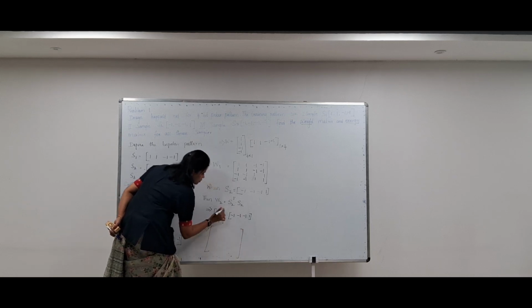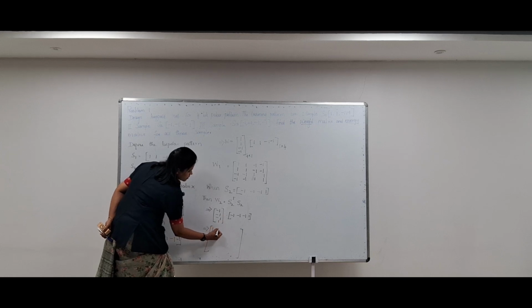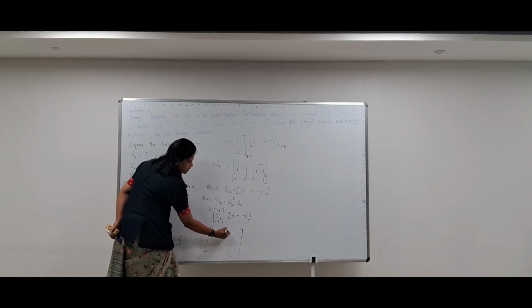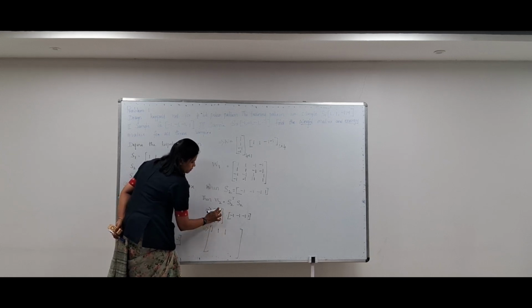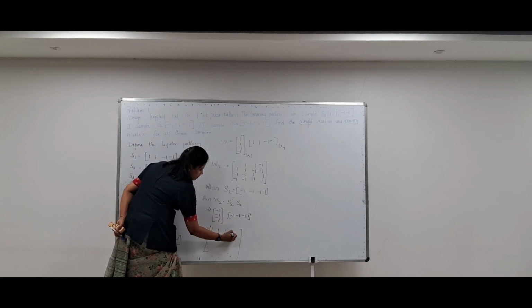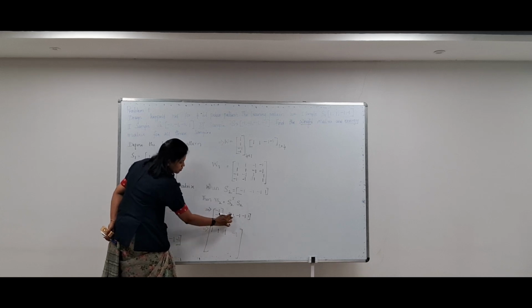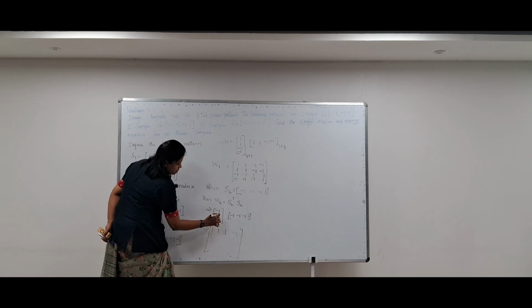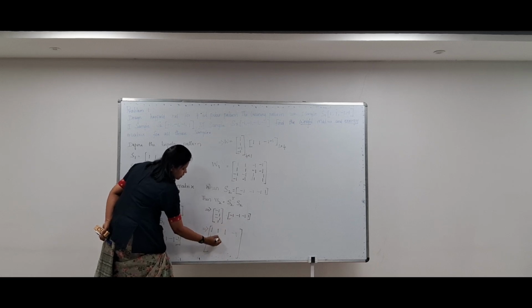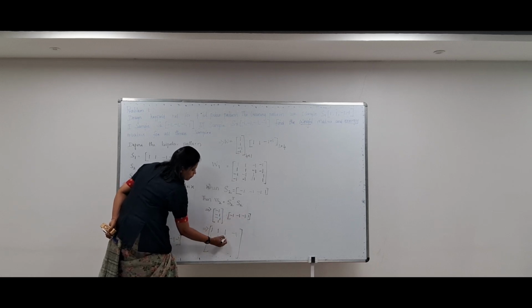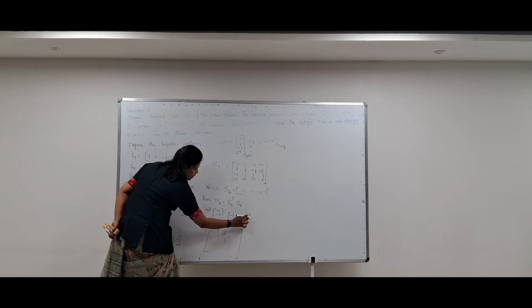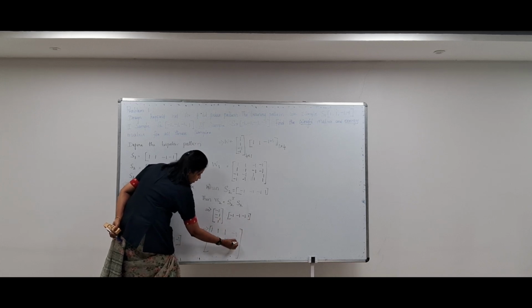Minus 1 into minus 1 is 1, minus 1 into minus 1 is 1, minus 1 into minus 1 is 1, minus 1 into 1 is minus 1. Again, minus 1 into minus 1 is 1, minus 1 into minus 1 is 1, minus 1 into minus 1 is 1, minus 1 into 1 is minus 1.